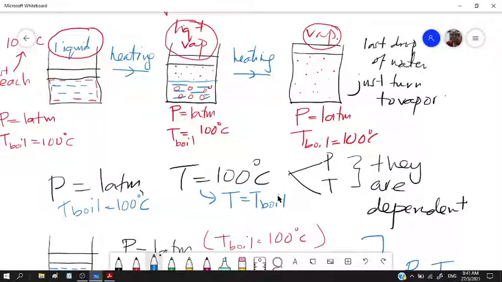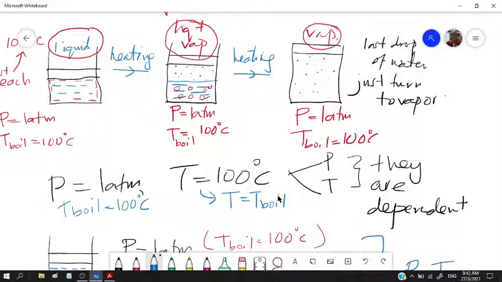Okay, because in this condition they are the same, right? So they are treated as what is called dependent properties.